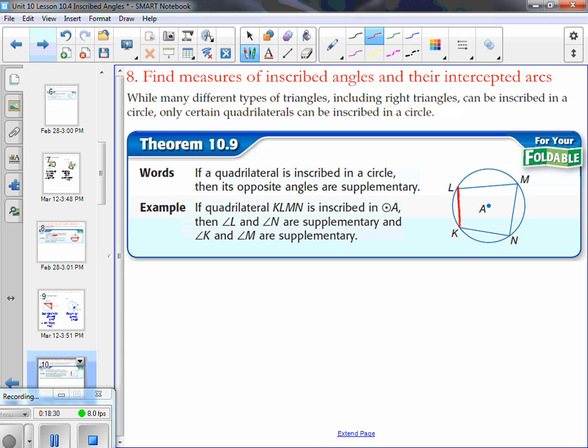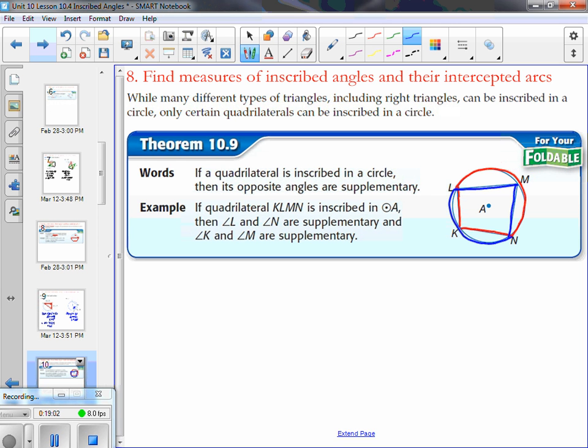Here's angle K. It's an inscribed angle. It intercepts that arc. Angle M is the opposite angle in the quadrilateral, isn't it? Well, look what angle M intercepts. So altogether 360 degrees was intercepted, correct? By two inscribed angles.